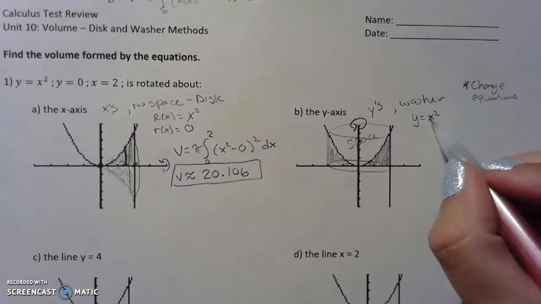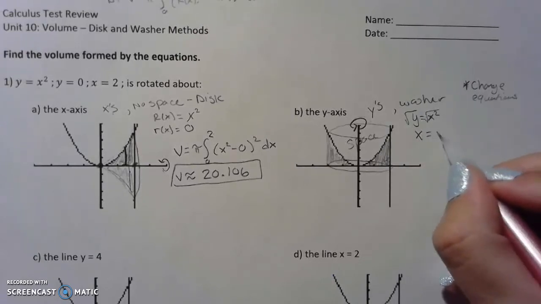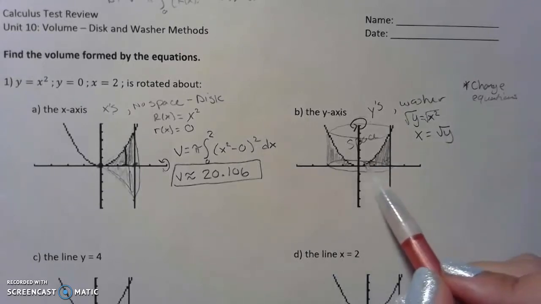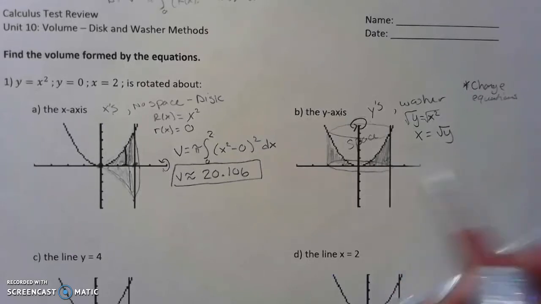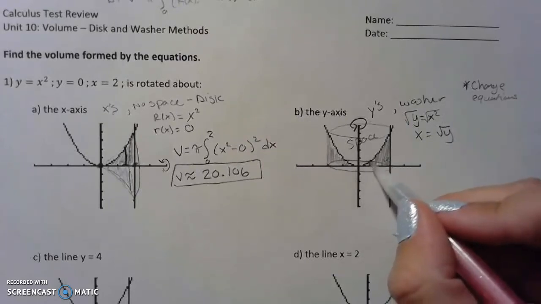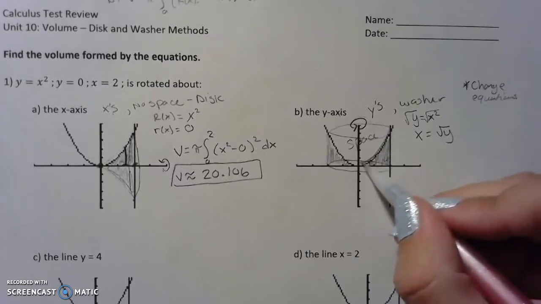To get rid of the square, we square root both sides. So I have x equals the square root of y. I'm not going to do the plus and minus here, because the y's that we're looking at are all the positive y's. I don't have any of the negative y's. So this is my first equation. That represents this quadratic right here.